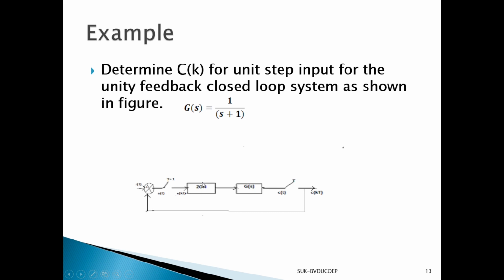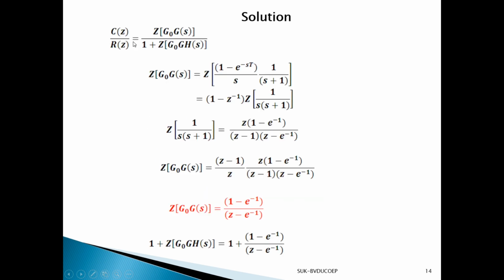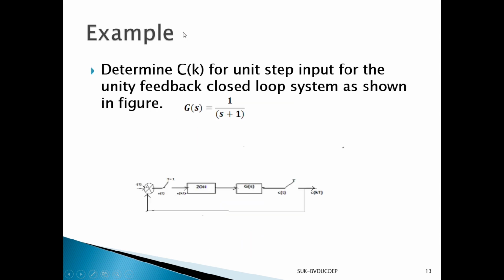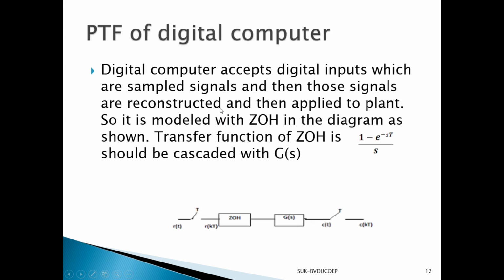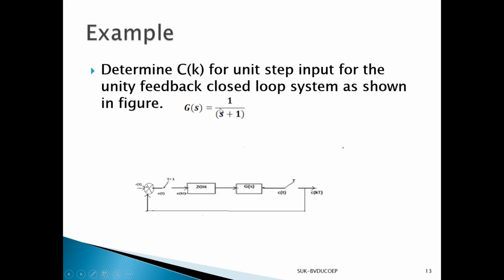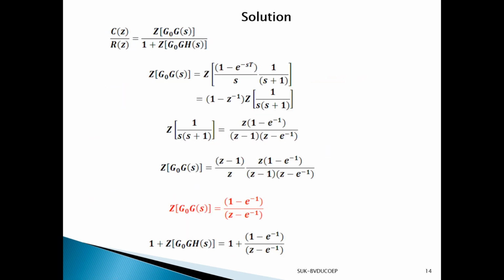Consider this G0 under G0 H. So Z transform of G0 into G S, because they are multiplied directly, there is no sampler in between. Because the sampler is there, I can replace this with the reconstructed signal. So Z transform of G0 into G H. Then 1 plus, your usual, 1 plus Z transform of G0 G into H S. H S is 1, it is given.